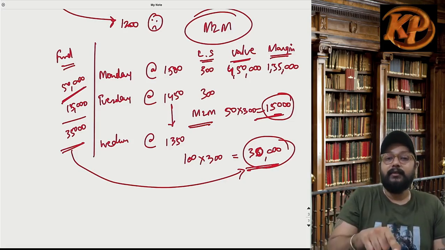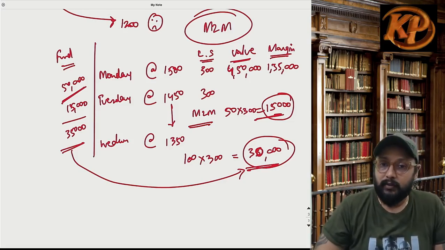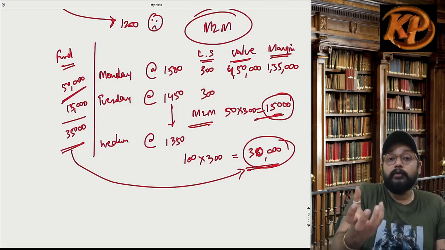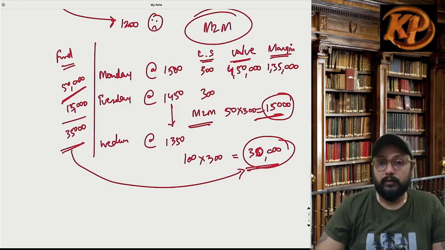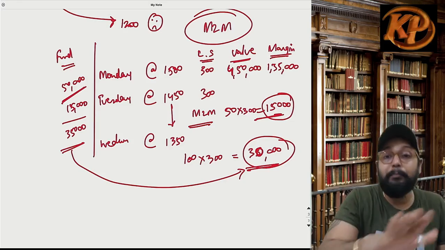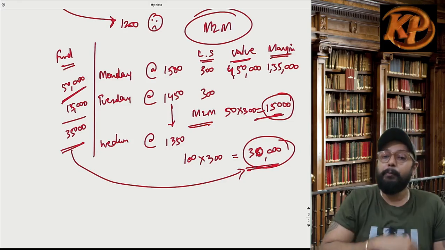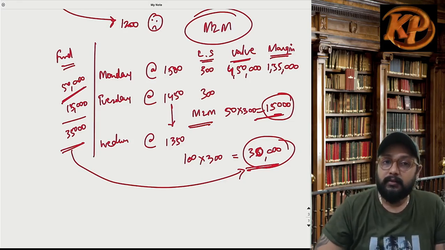The advantage is you are allowed to initiate a position with 1,35,000. What is the value of your transaction? 4,50,000. You have taken 4,50,000 worth of trade just by paying 1,35,000. And you know, people want to be positive when it comes to equity markets.